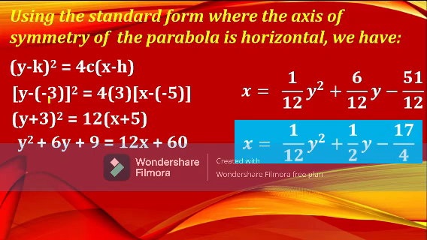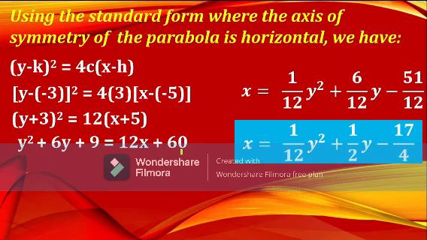Then y minus negative 3 quantity squared is equal to 4 times 3 times the quantity of x minus negative 5. Then y plus 3 quantity squared is equal to 12 times x plus 5. Then we will have expand. This becomes y squared plus 6y plus 9 is equal to 12x plus 60.